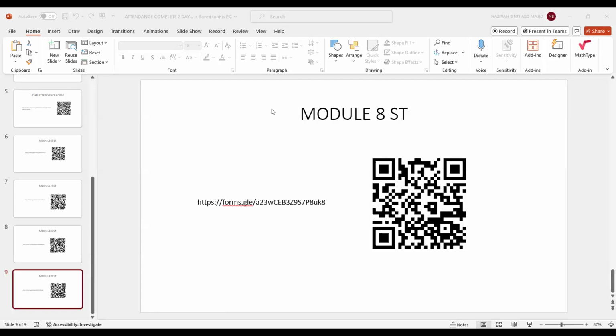Is there any question regarding RSS? Hello, Dr. Nazira. Just one question about the RSS. About all the modules, how do we check whether we have answered all the modules?